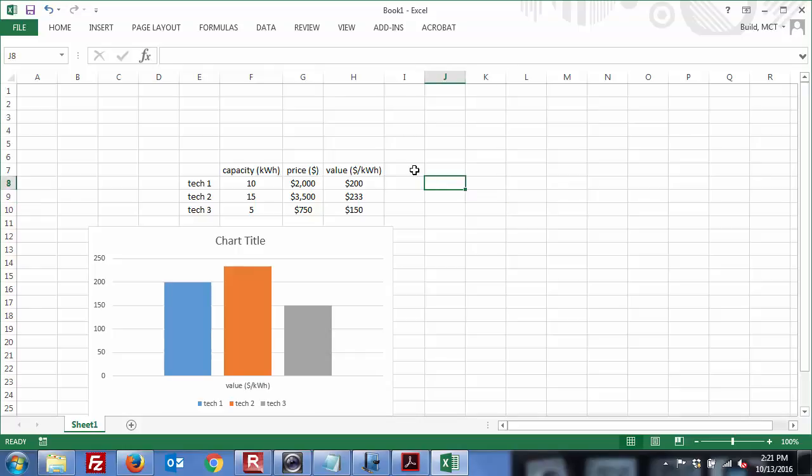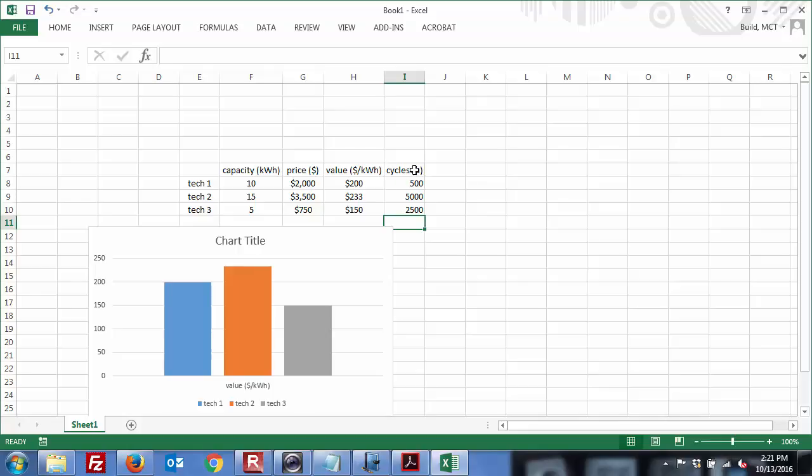So if we go up here and look at the number of cycles, let's say technology 1 is 500. Let's put this one in at 5,000, for example. And let's say this one is somewhere in between, 2,500.